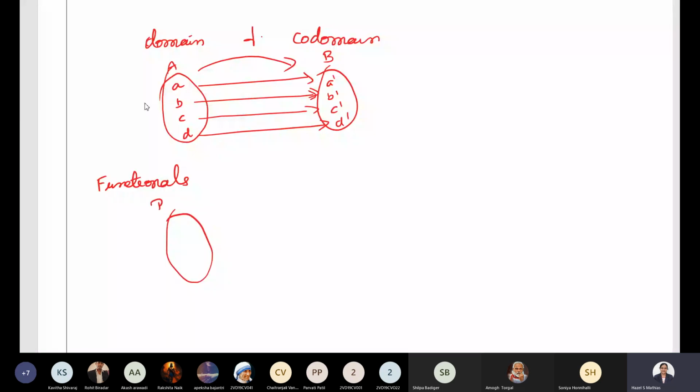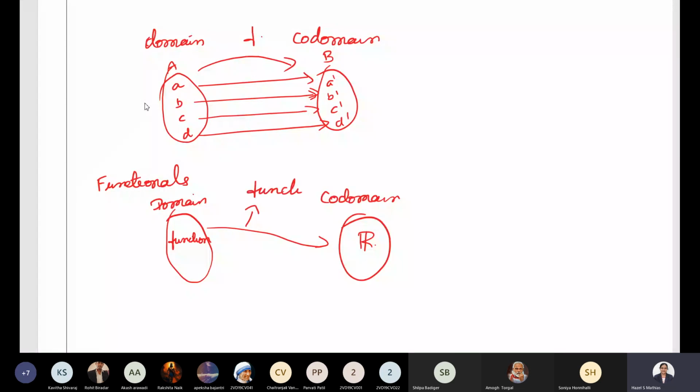Our domain will be the set of functions, and the codomain is the set of real numbers. So here there exists a mapping from this domain to codomain. We can say that this is termed a functional.